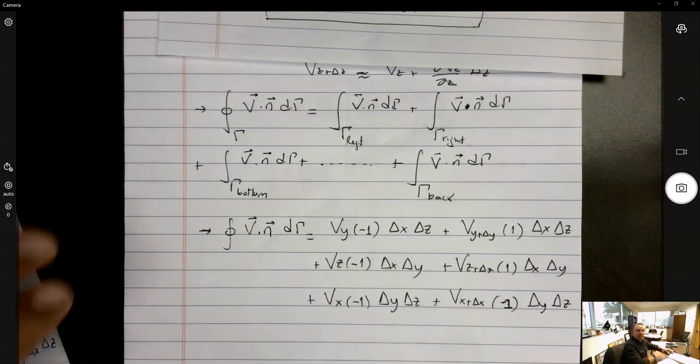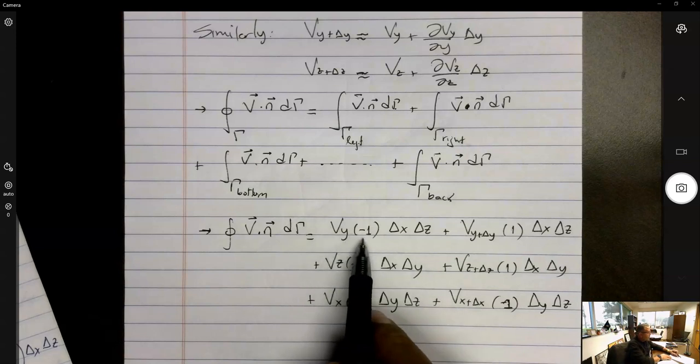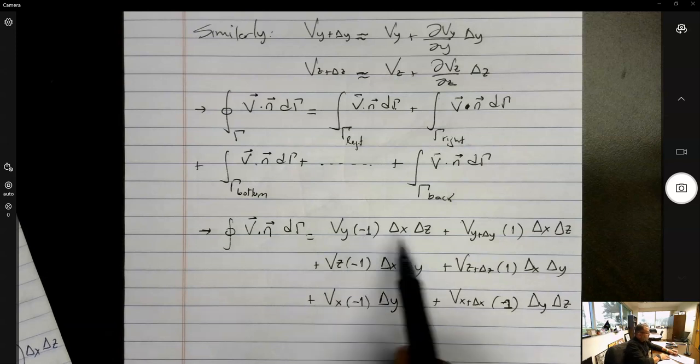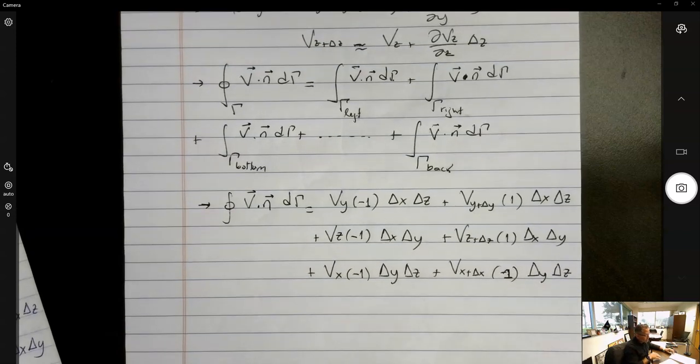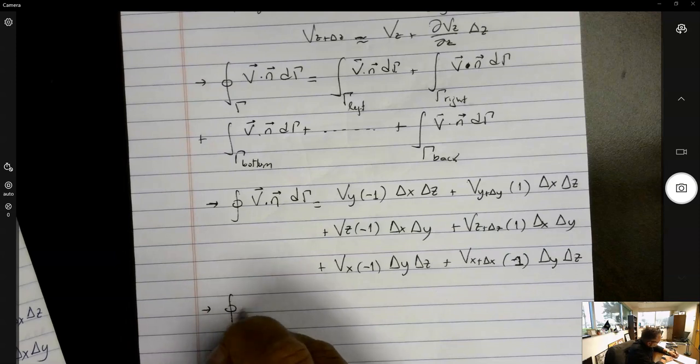So these are the 6 different integrals approximated using the components that survive, because the normal vectors are just single component normal vectors. It's either minus ey or plus ey, minus ez or plus ez, minus ex or plus ex. So those are the only components that survive. So I'm going to continue with these.